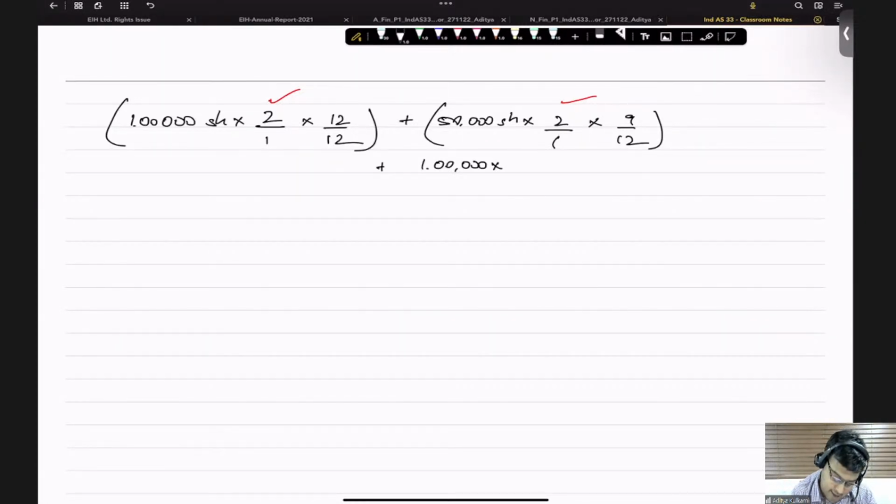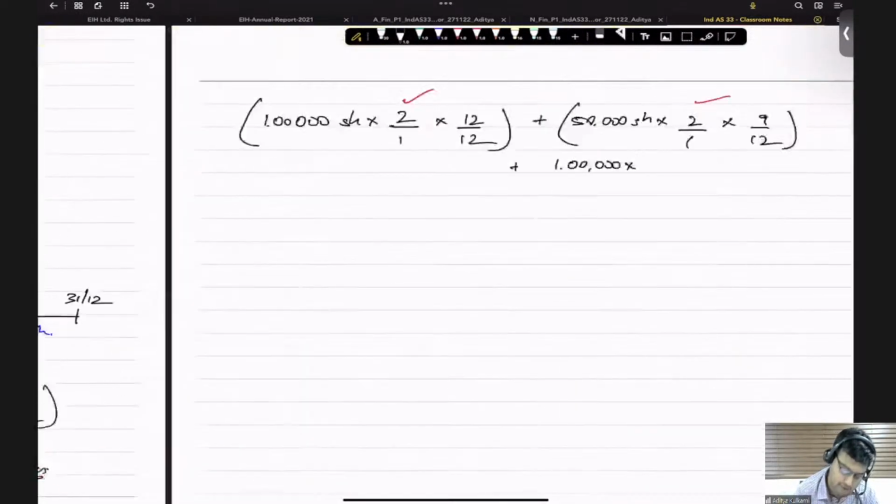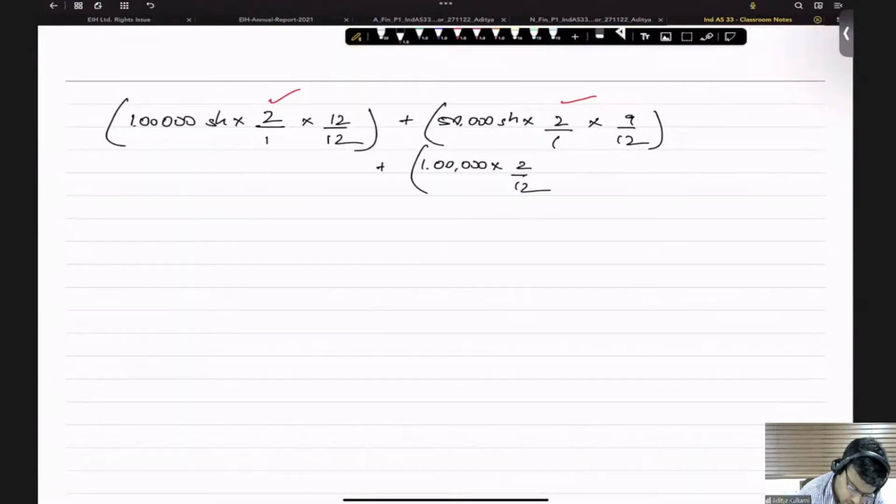We will just consider it as 1 lakh into what is given? October, November, December, into 2 by 12. So this comes to how much? 1 lakh plus, this is 2 lakhs. 2 lakhs plus 50,000 into 2, 1 lakh into 9 by 12, 75,000 plus 1 lakh divided by 6.